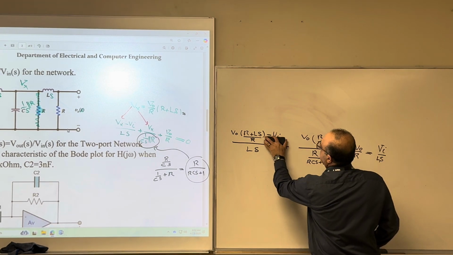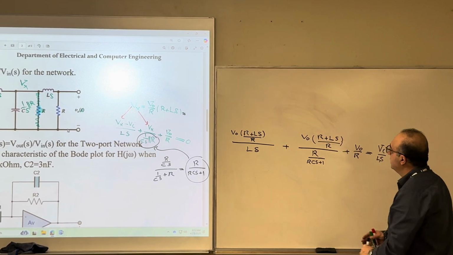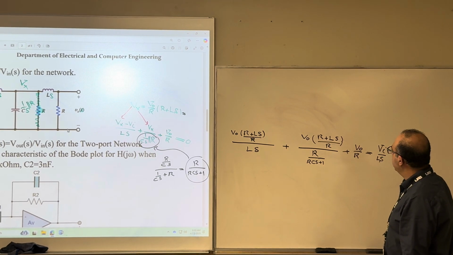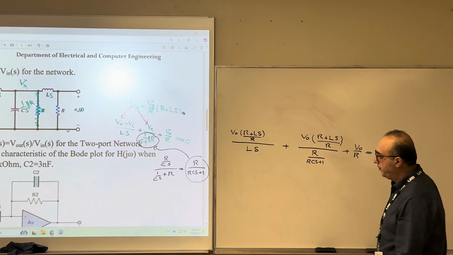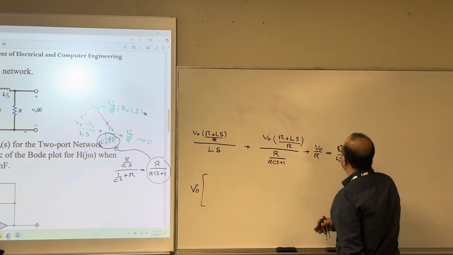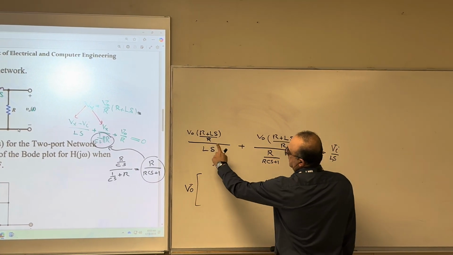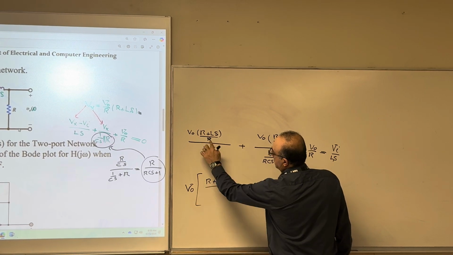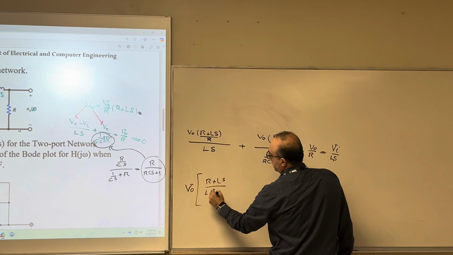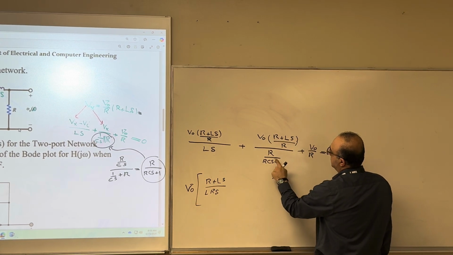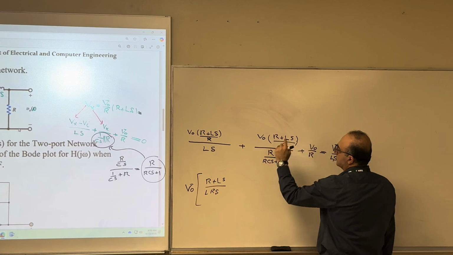Then I can get rid of that. But on this side, I take out all the VO. VO is multiplied with everything. This is going to be R plus Ls. This R goes down, LRS. For this one, this R is going to be multiplied with this one, and this goes up.